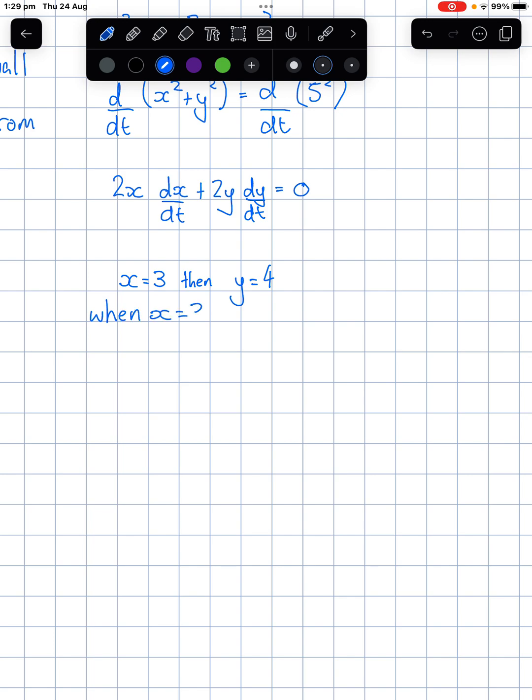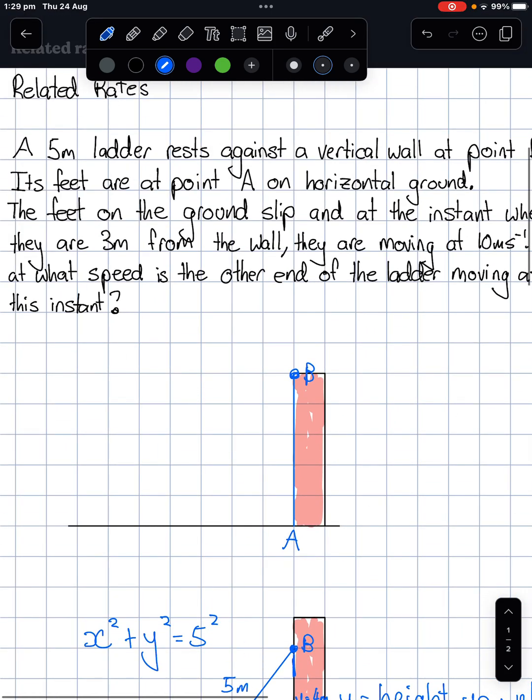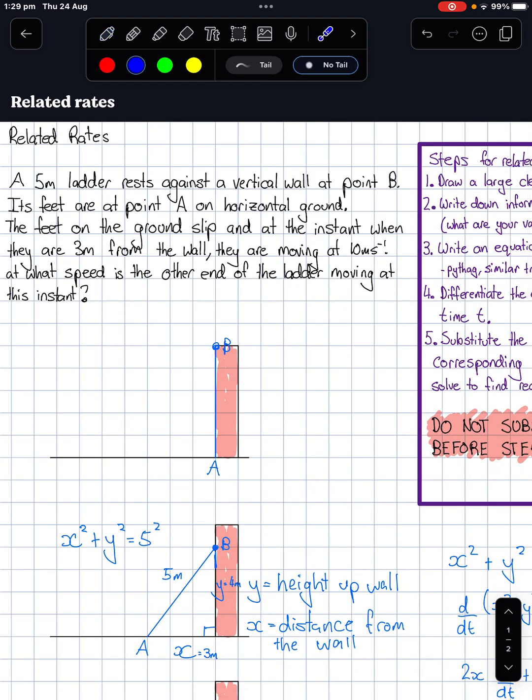And we've also been told that when the feet on the ground slip, at the instant when they're 3 meters from the wall, they're moving at 10 meters per second.